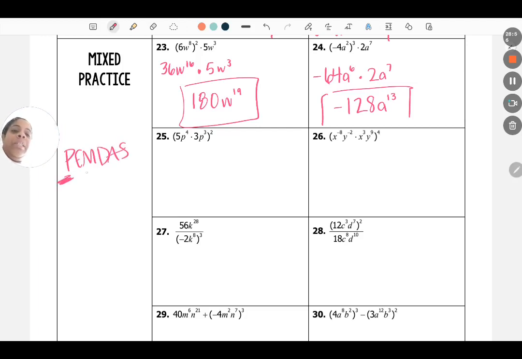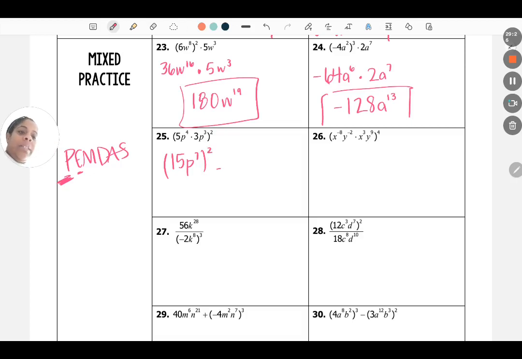So we're going to multiply the coefficients. 5 times 3 is 15. And then because the p's are being multiplied, we just add the exponents inside. So 15p to the 4 plus 3 is 7. And then that is in parentheses all to the second power.